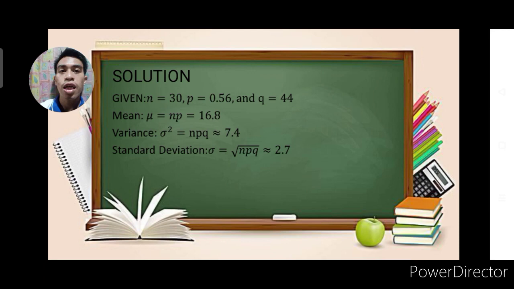For our mean, mu is equal to np, and that is equal to 16.8. Our variance, sigma squared, is equal to npq, and that is approximately equal to 7.4. Our standard deviation, or sigma, is equal to the square root of npq, or approximately equal to 2.7.